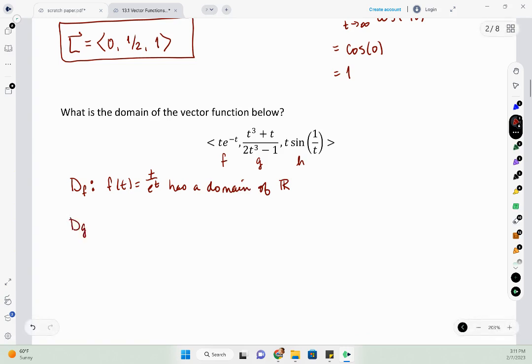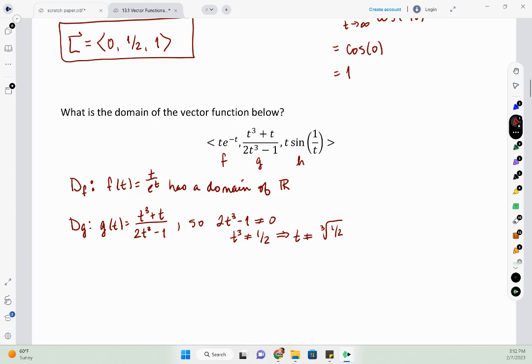The domain of g, here we're going to be examining g of t is equal to t cubed plus t all divided by 2t cubed minus 1. All right, now this is another fraction, and it does have a denominator that could be 0 at some time. So 2t cubed minus 1 cannot be 0, which means that t cubed cannot be 1/2, which further means that t cannot be, we'll just write it this way, the cube root of 1/2.